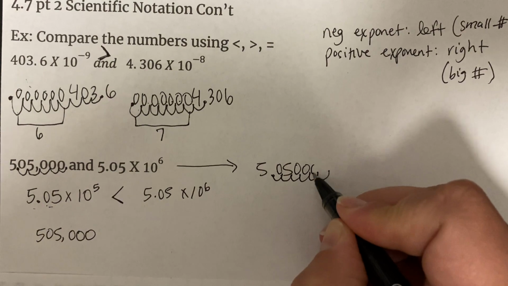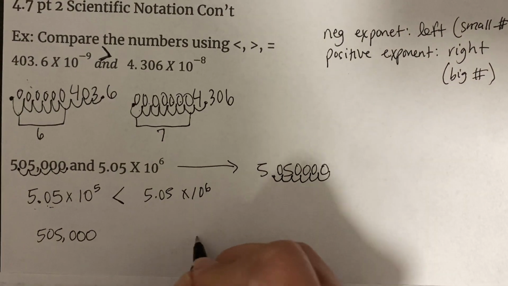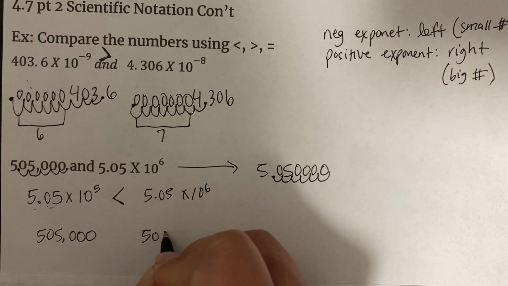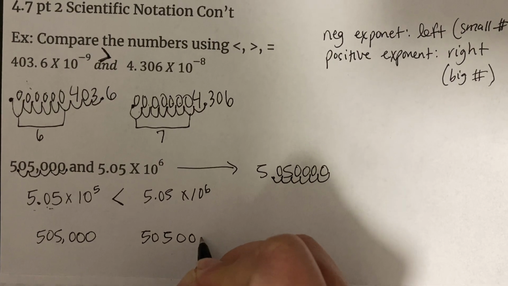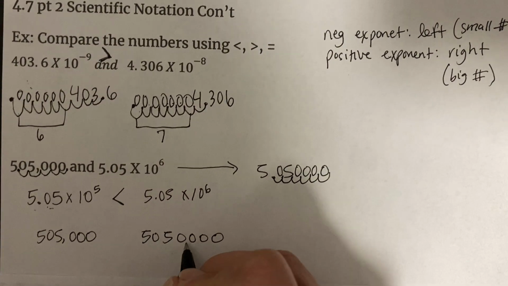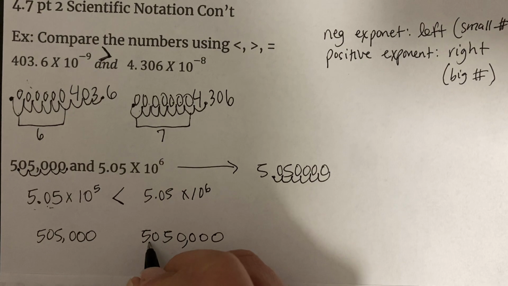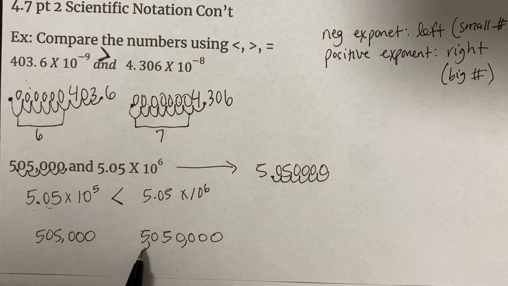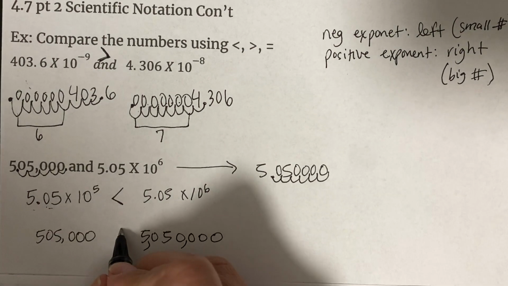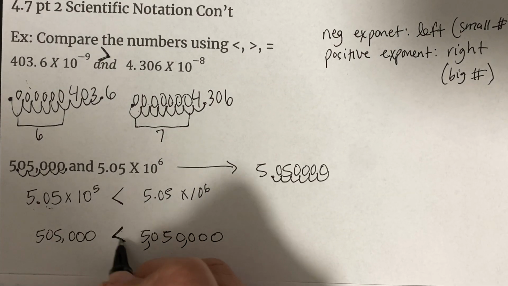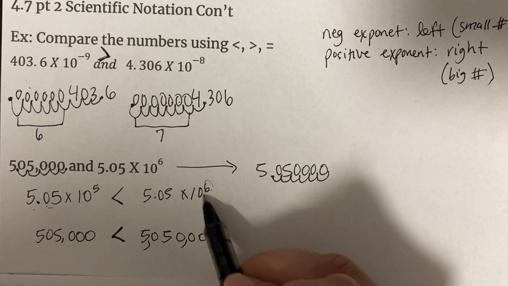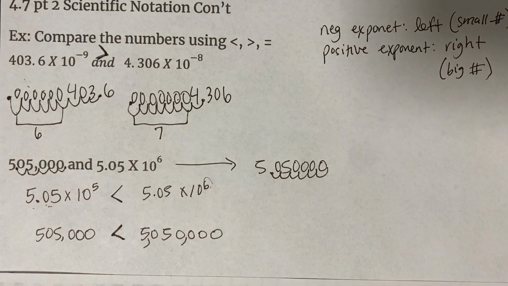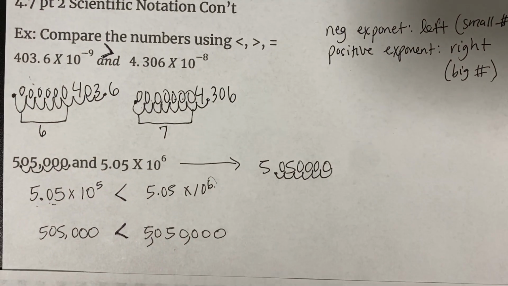Going to the right. Filling in my zeros, so I have 5, 0, 5, 0, 0, 0, 0. And I'm going to add my commas. And on this one I have 505,000, and on here I have 5 million. We know that 5 million is more. So the more exponents on this big number means a bigger number.